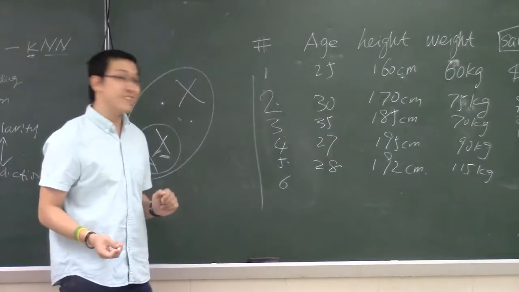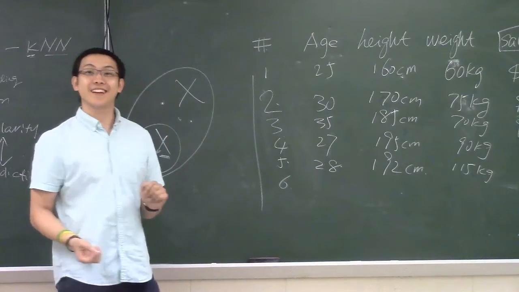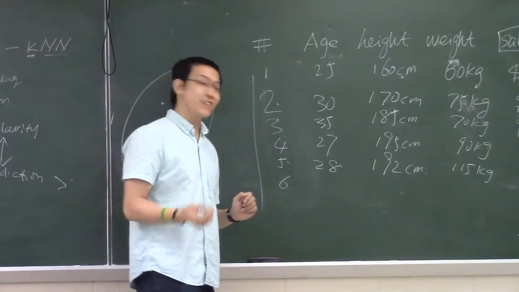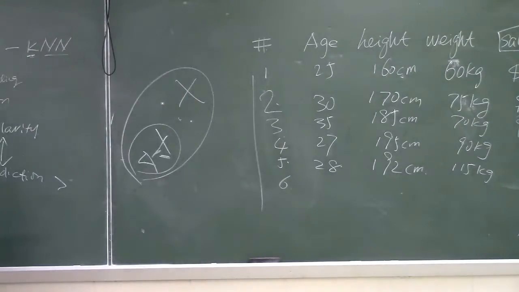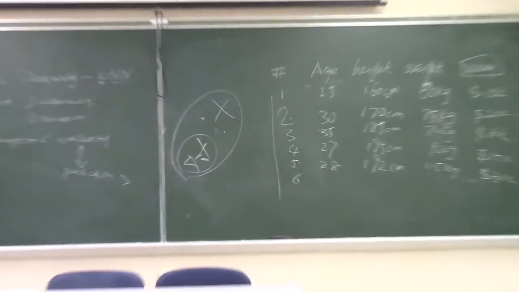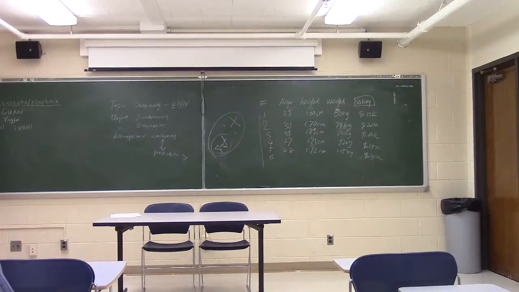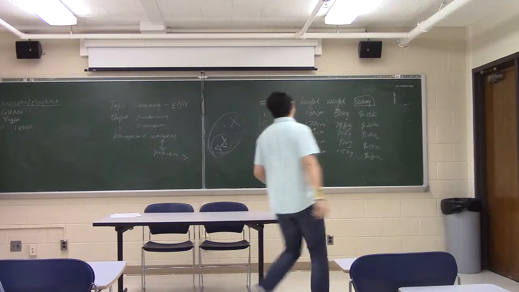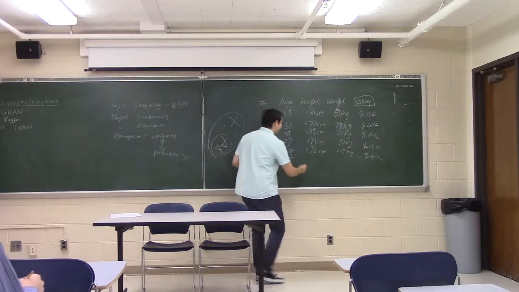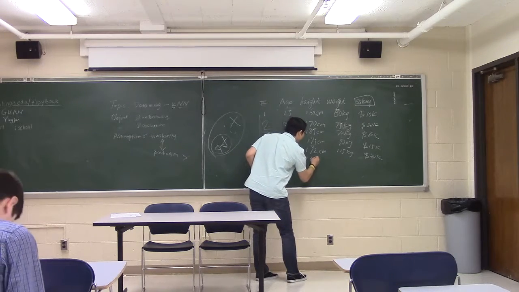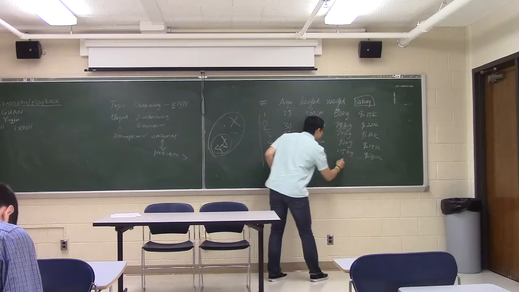Number 6. I am, let's see, I think 25 or 28. I can't remember. Let me double check. Sorry about that. I think it's 29. Then 169 centimeters and 76 kilograms.